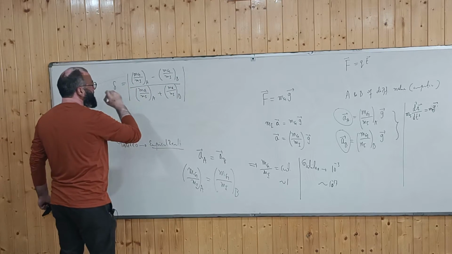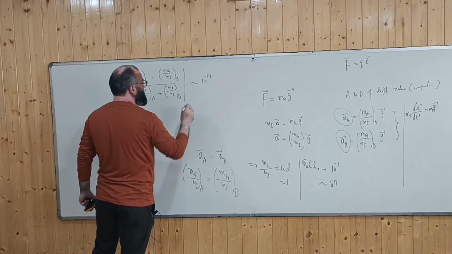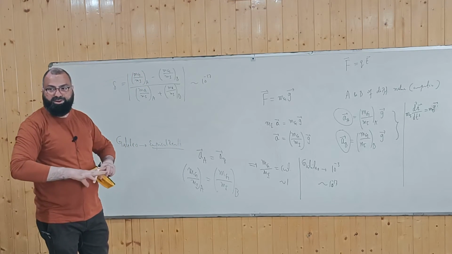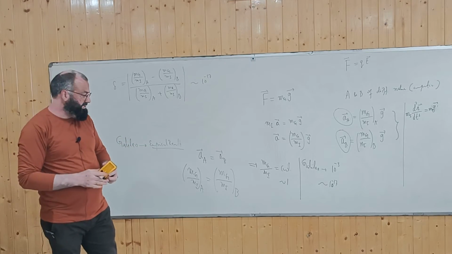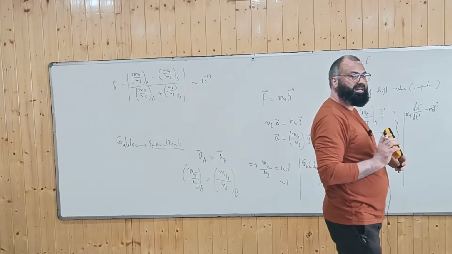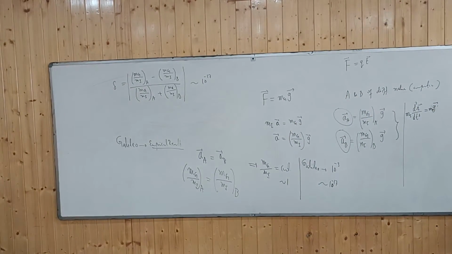Its magnitude is of the order of, let's say, 10 raised to power minus 7. This constant. So for all practical purposes, this mg is the same as mi. So we have the first point here: the inertial mass is the same as the gravitational mass. Clear? So we have only one kind of mass.